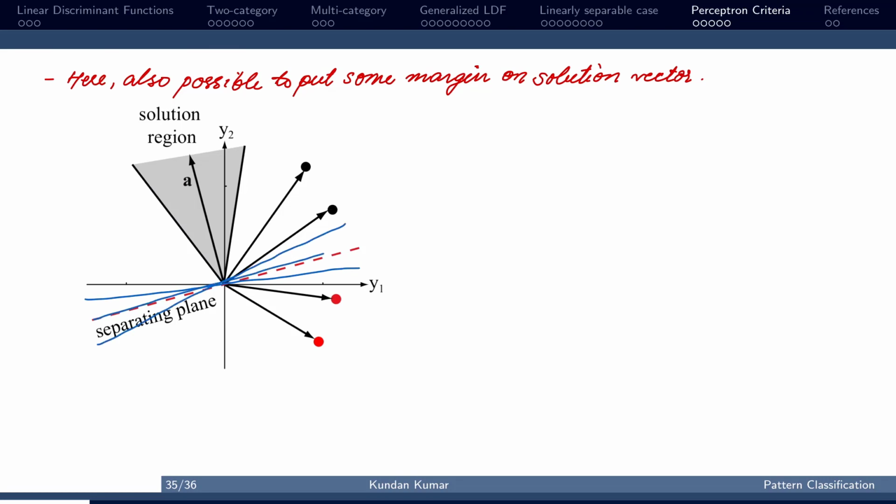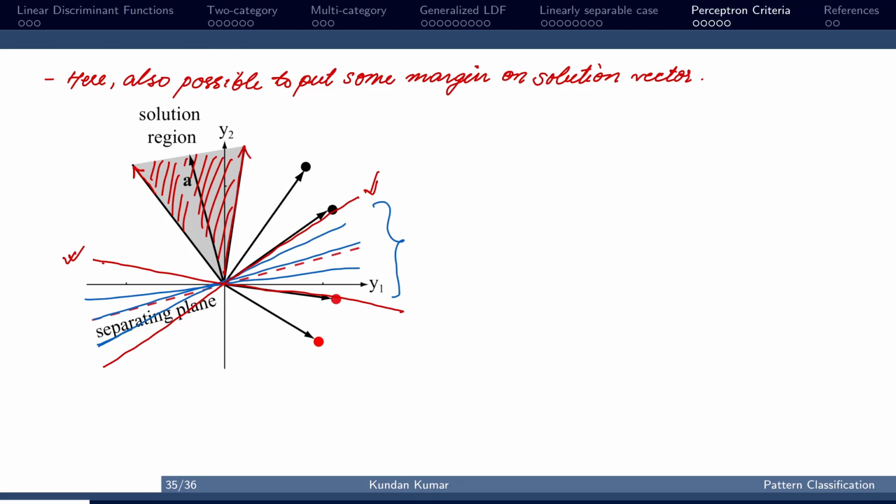So here we have an infinite number of separating planes in this region, but we have two extreme surfaces that are very close to the boundary of the two classes, something like this, and this was the perpendicular vector on this separating plane, and this was the perpendicular vector on this separating plane. So we have defined this region as the solution region.